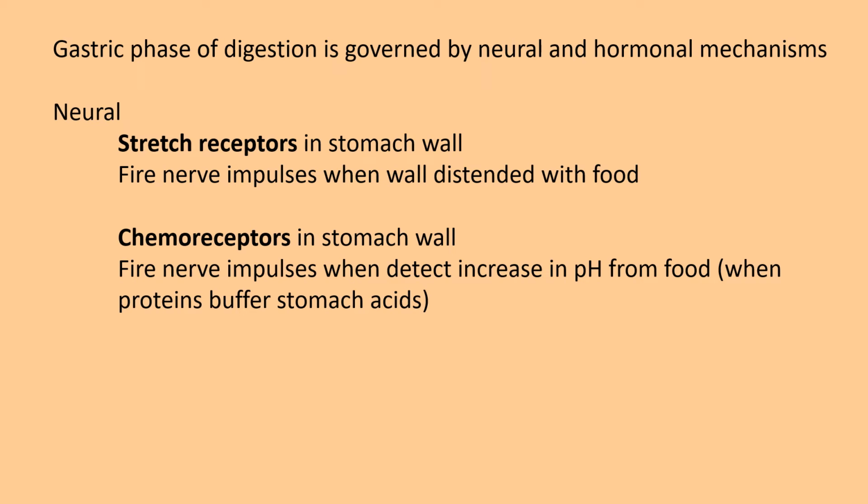So this gastric phase of digestion is governed by both neural and hormonal mechanisms. You remember the nervous system and the endocrine system are the two primary mechanisms of cell-to-cell communication. So we have stimuli and we have responses. And those effector tissues, the glands and the muscles, can be stimulated by nerves and or by hormones.